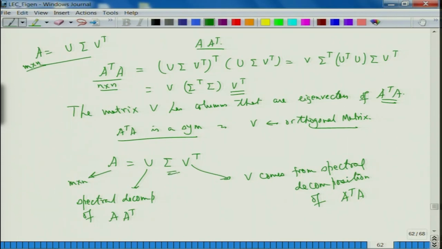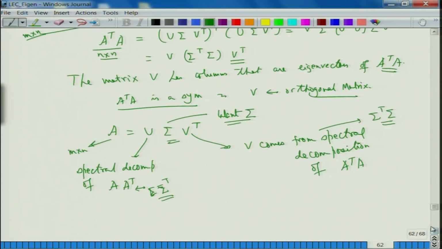Sigma, understand, eigenvalues here they come from sigma sigma transpose, eigenvalues here they come from sigma transpose sigma. Fine. Is that okay? So, these are the two things we have to be careful about, and I want this sigma. I do not want sigma sigma transpose or sigma transpose sigma, I want sigma. That is more important for me.